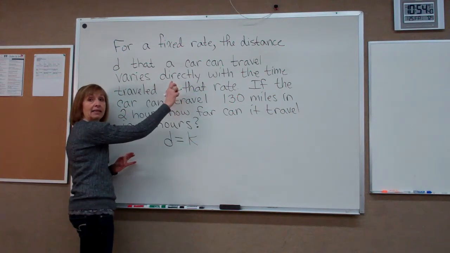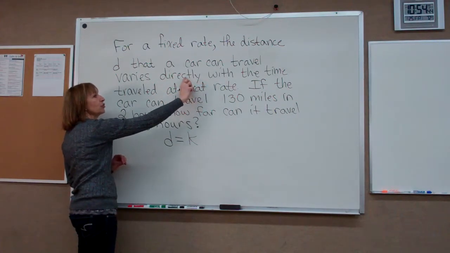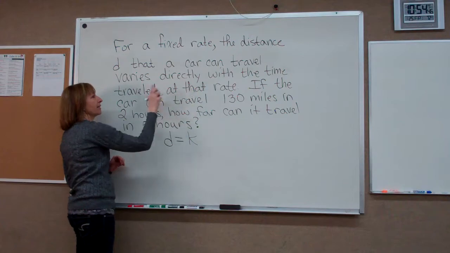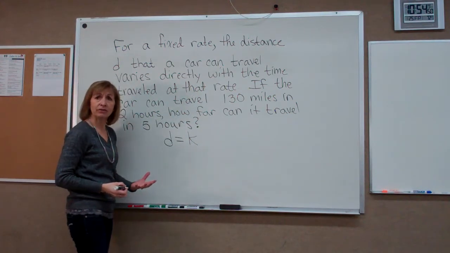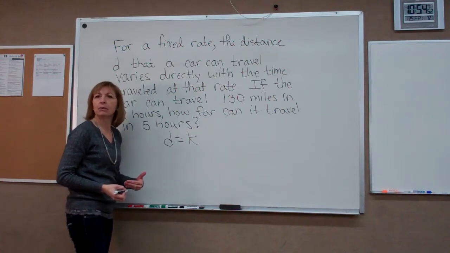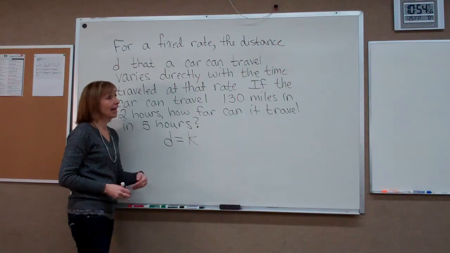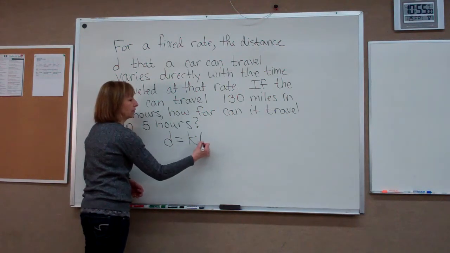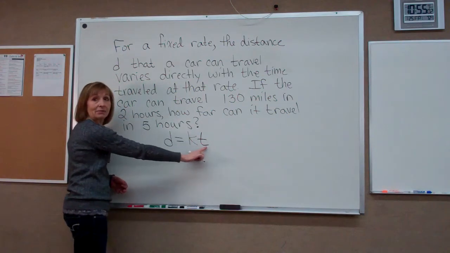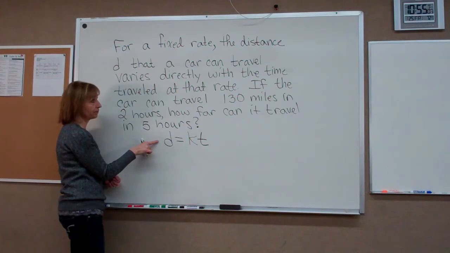It's embedded in the idea of the variation process. And it varies directly, so we'll multiply by the time traveled at that rate. They didn't tell me a variable to use for time, but it makes sense to use a variable that would represent the idea. And since time starts with the letter t, we'll just use t for time. So d is equal to k times t is our variation equation.